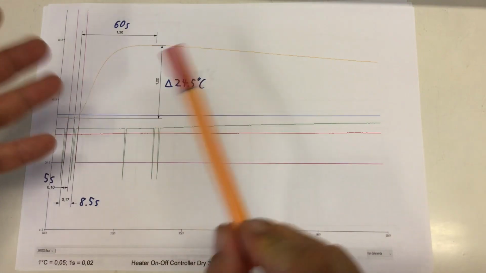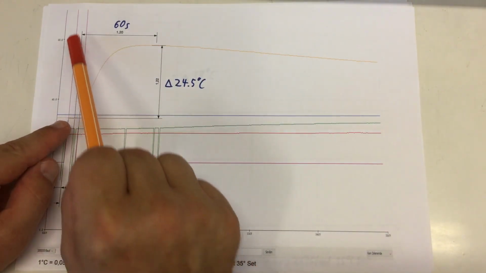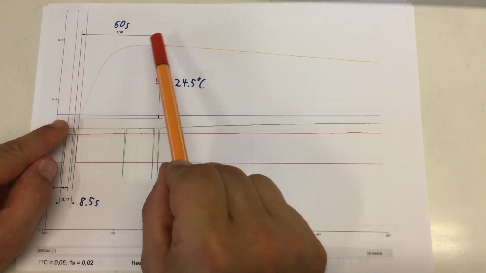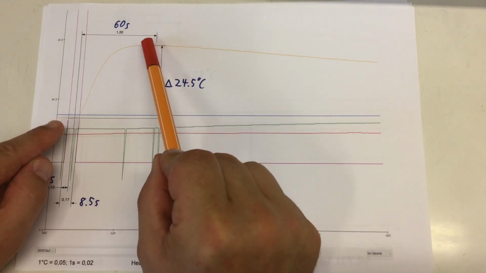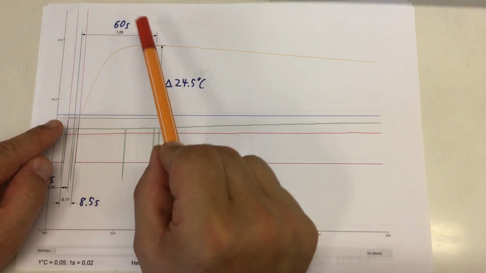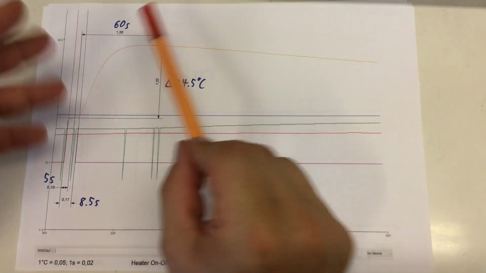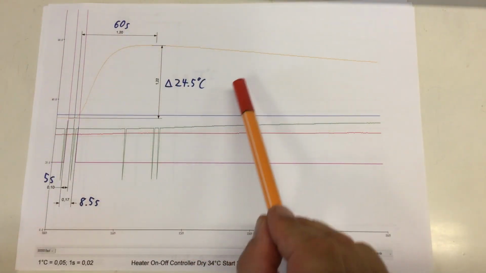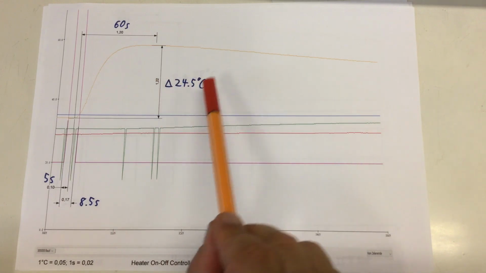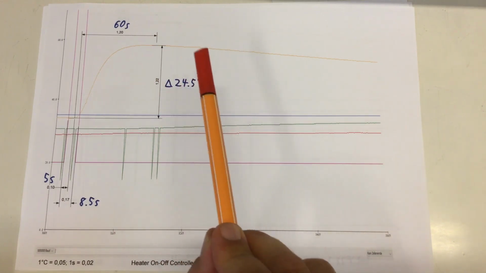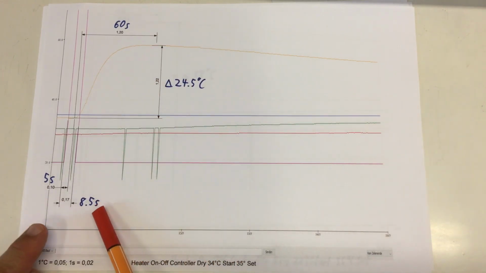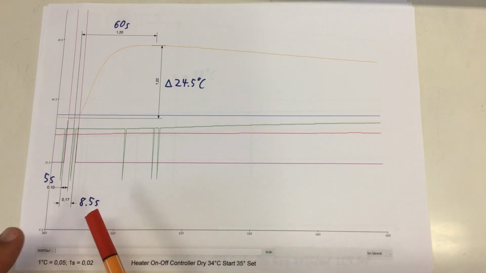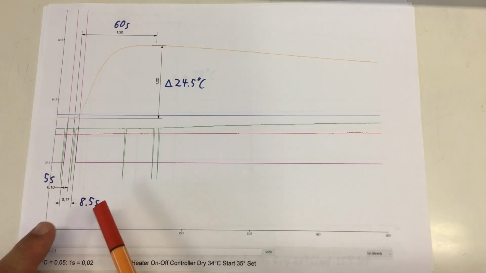Again, approximately time until we reach maximum 60 seconds, maybe a wee bit shorter, 58, 55 seconds, but order of magnitude 60 seconds. Delta of temperature 24.5 degrees C, and our heating element was on for 8.5 seconds.